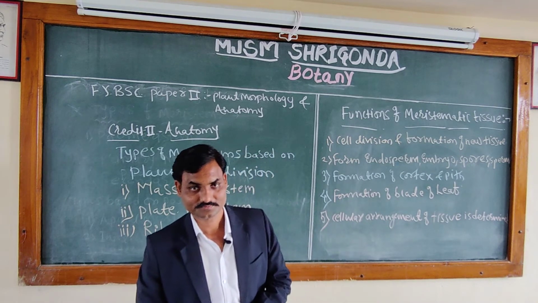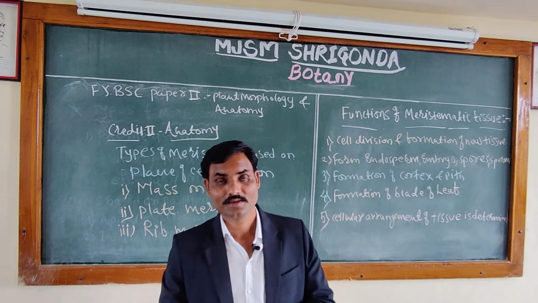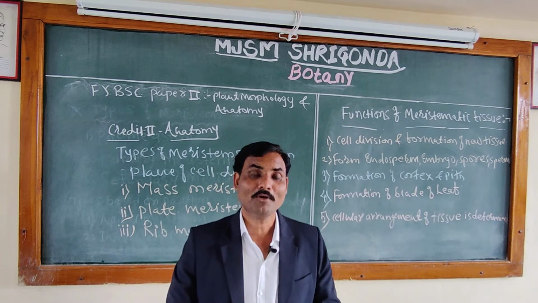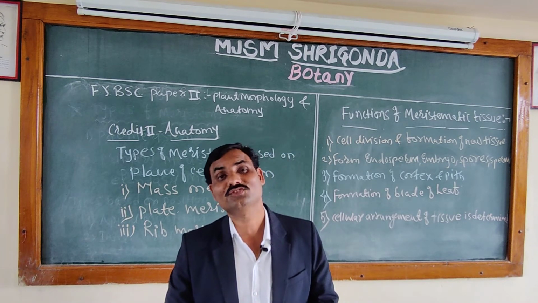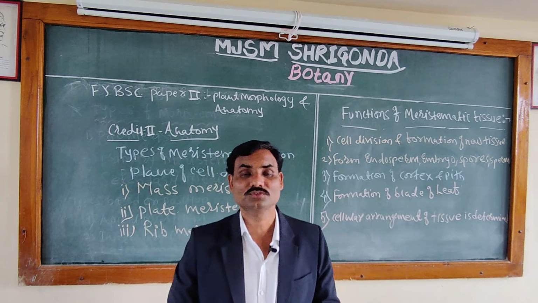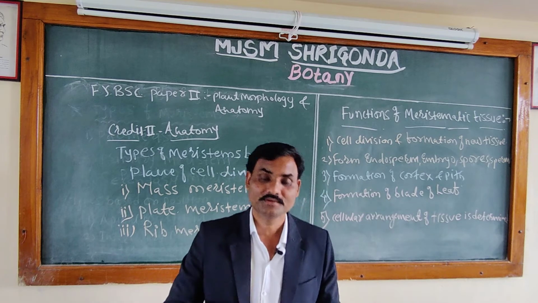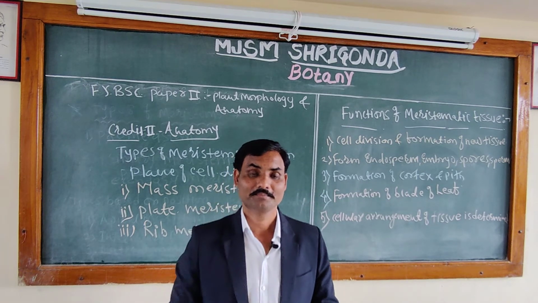Rows means layers of cells. Which is the example of rib type of meristems? Formation of young roots. We see that there is a formation of the young roots, then formation of pith, formation of cortex of young stem.